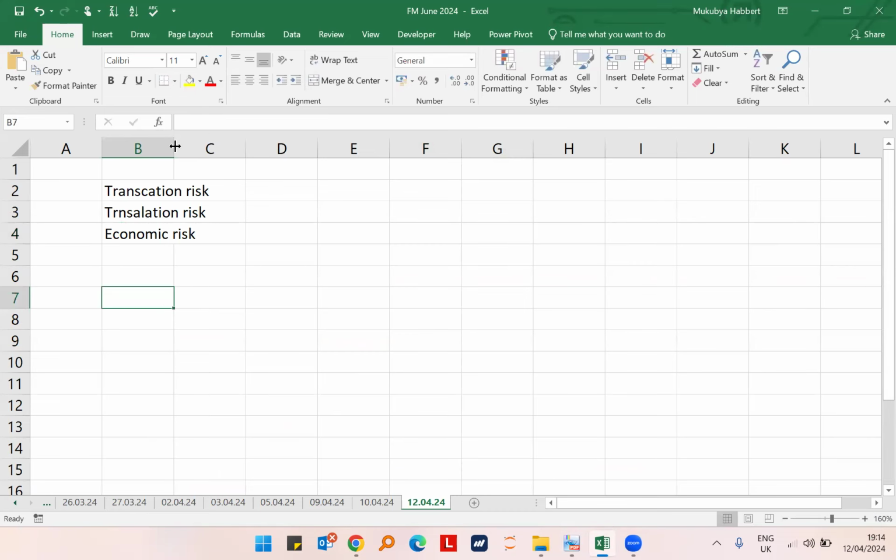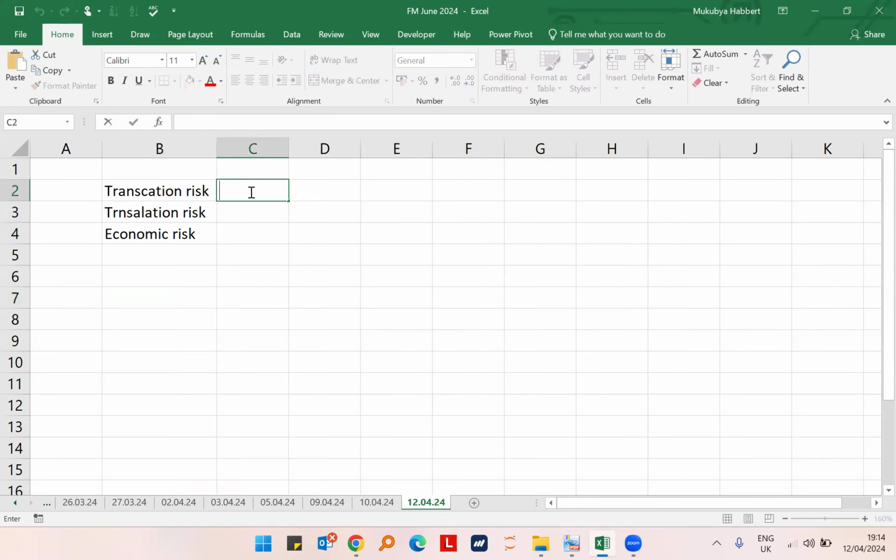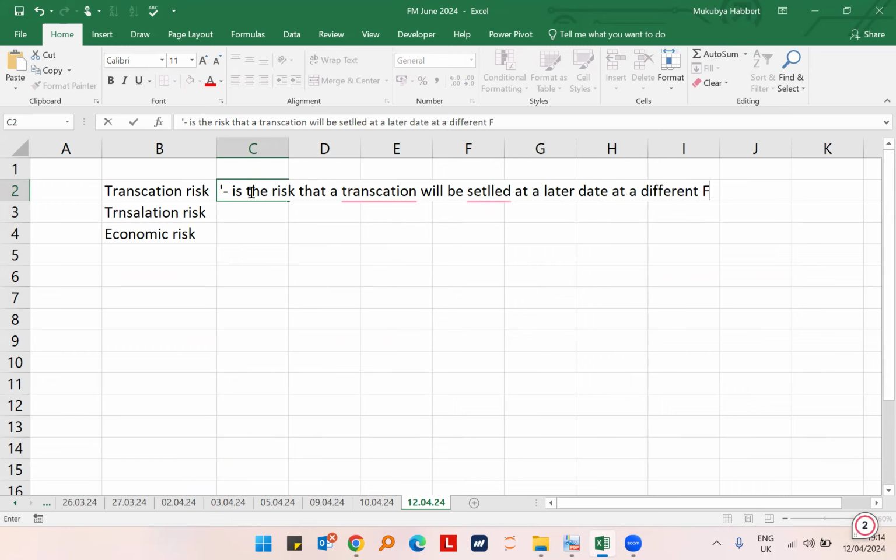For those of you who have been following, you know that transaction risk is the risk that a transaction will be settled at a later date at a different FX rate than it is recorded.